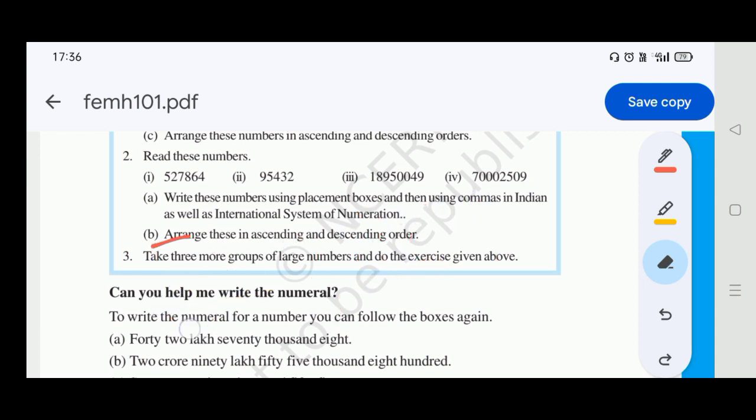Moving on to the second number, it is 95,432, in both cases, that is, in the Indian system of numeration and the international system of numeration.